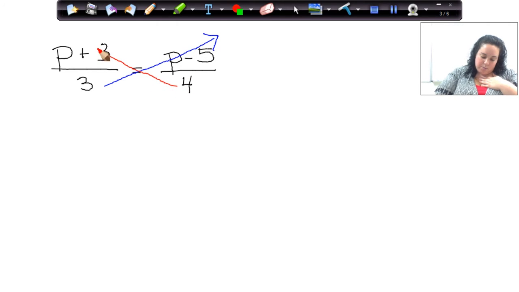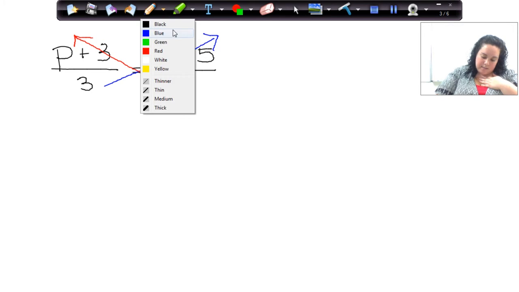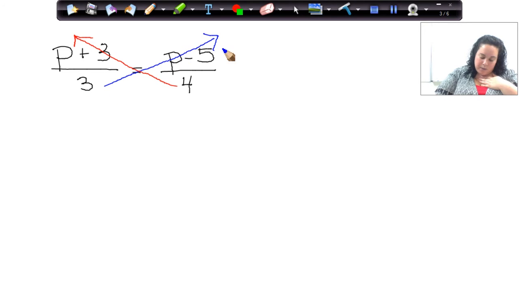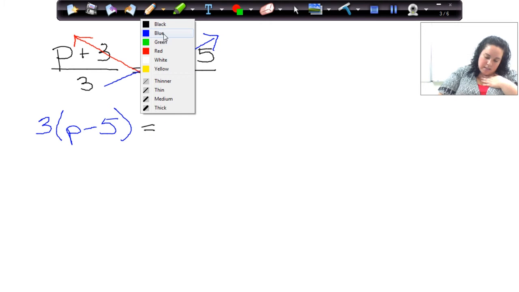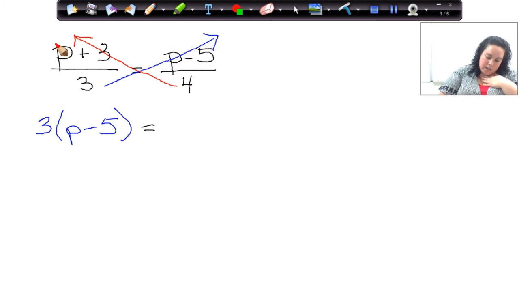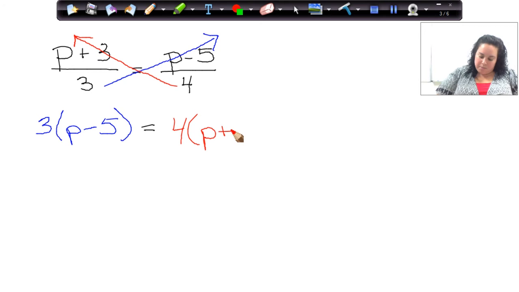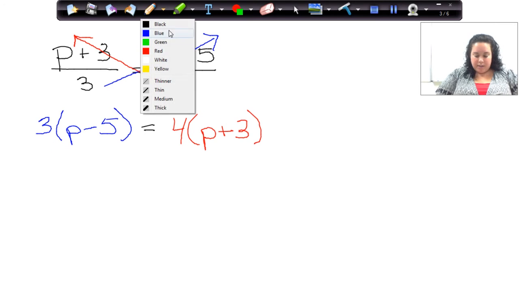So we're going to multiply, let's do the blue first, 3 times p minus 5, and that will equal 4 times p plus 3. Now we have a normal equation. This is a linear equation you already know how to solve.